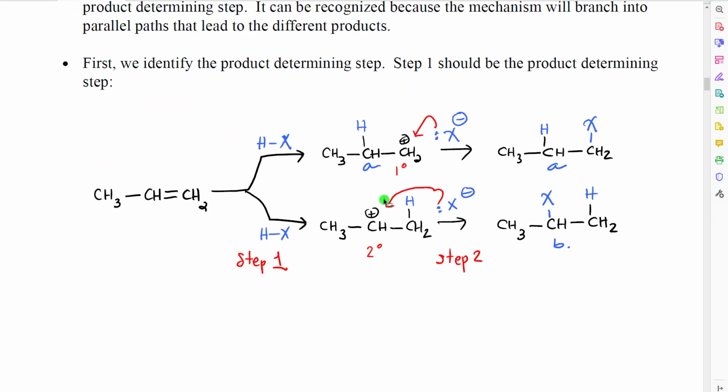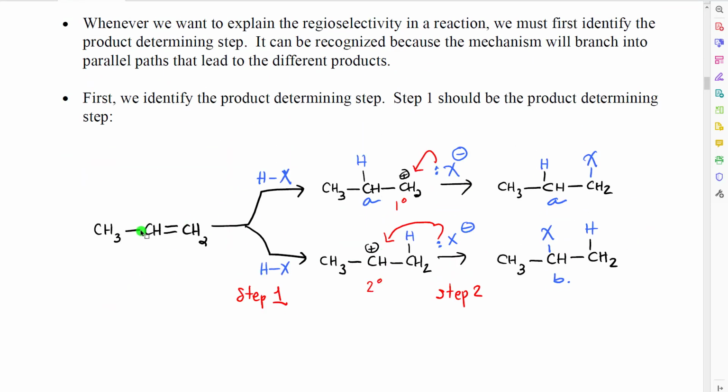If we go back and look, the preferred pathway is the pathway where the hydrogen attached to the less substituted carbon. This would produce a more stable carbocation and make that pathway faster. Markovnikov's rule said, in general, what we see is that hydrogens prefer to attach to the carbon that has the fewest substituents, is less substituted.